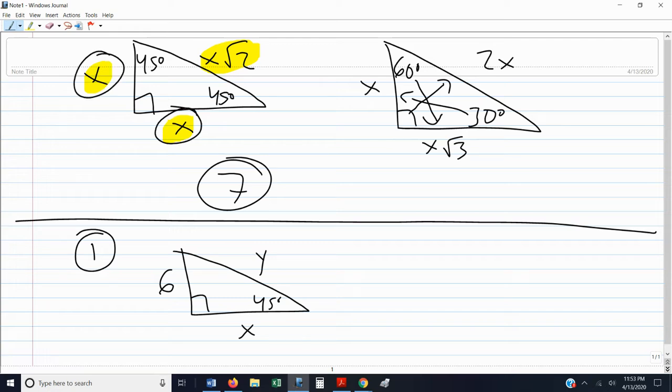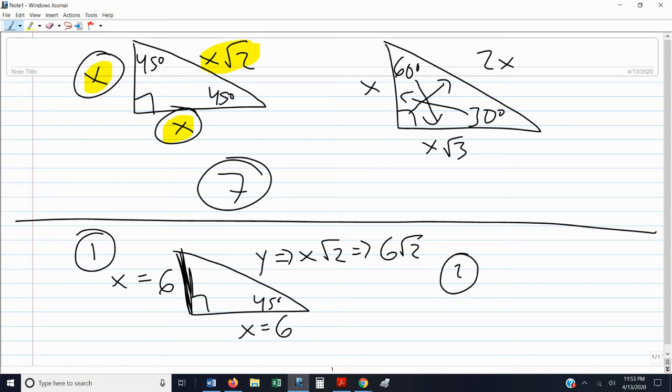X and X. So I'm going to label this as X. This is also X. And then this is going to be your X root 2. And so you know that if this side is 6, this side will also be 6, and this side will be 6 root 2.